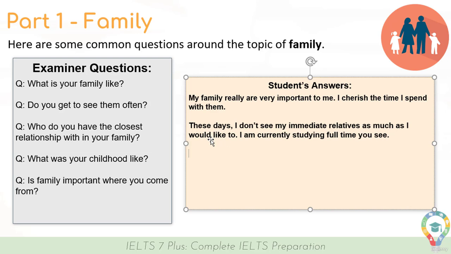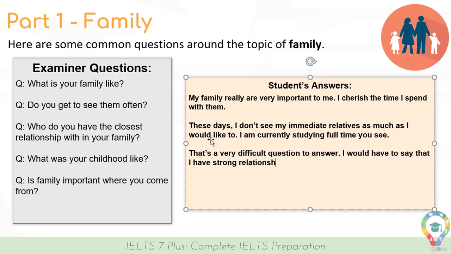Okay, and question number 3. Who do you have the closest relationship with in your family? Opener here. That's a very difficult question to answer. I would have to say that I have strong relationships with all family members.